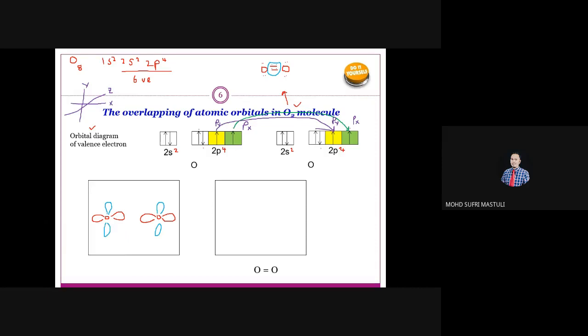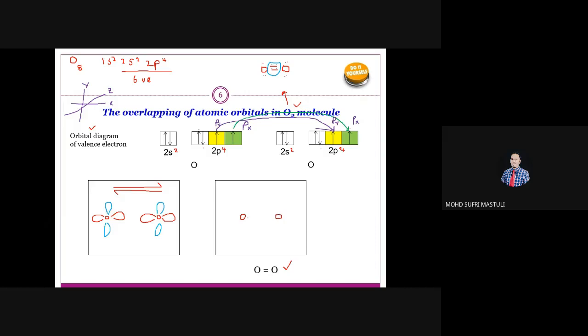So we have to overlap these in order to form O2, oxygen. So we bring it a bit closer. So this is the oxygen, and this is the oxygen.